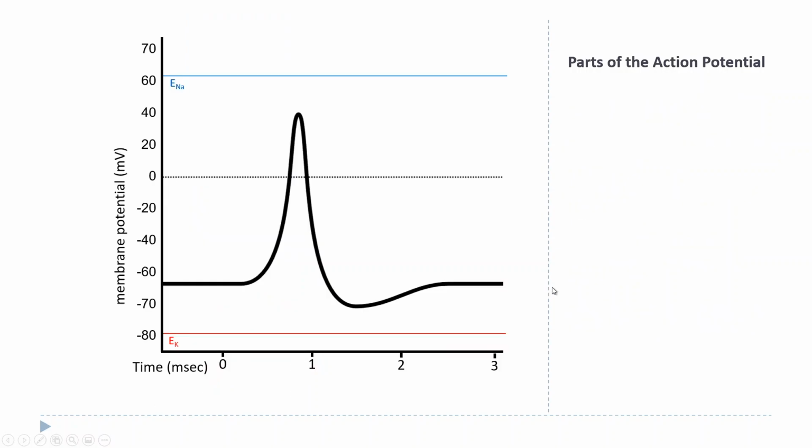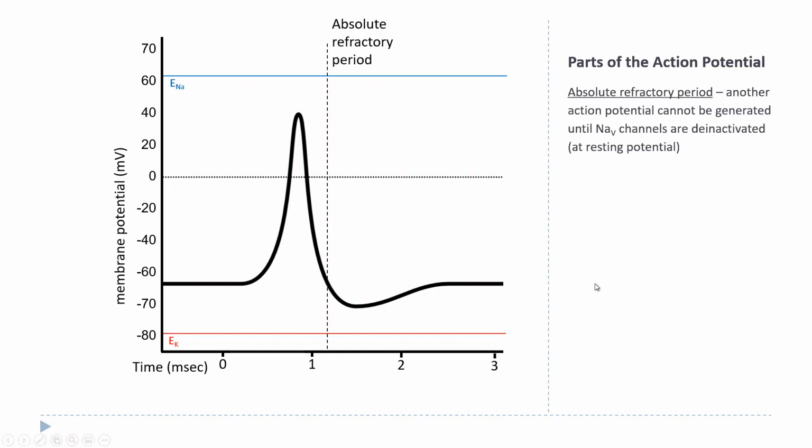Now, there's two other things to mention about the phases of the action potential, and I briefly mentioned them earlier on, and that is that there's a limit to how many action potentials you can have in a given amount of time. That's because you have to wait for one action potential to finish before the second one can begin. So there's a period of time from the initiation of the action potential, basically from the moment it crosses threshold, to the point where it gets back to threshold, where no matter what you do, you cannot create another action potential.